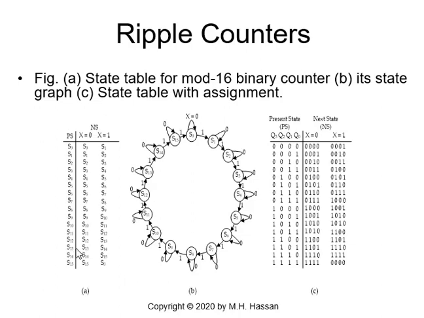We have 16 states, the corresponding 16-row truth table, and the corresponding state table with a state assignment. We call this a binary state assignment. It means S0 will be 0, 0, 0, 0, and S15 will be 1, 1, 1, 1.